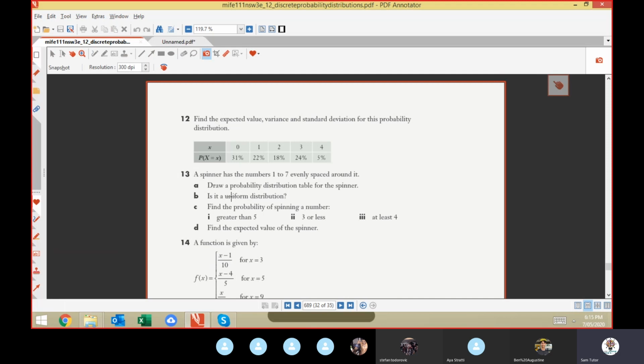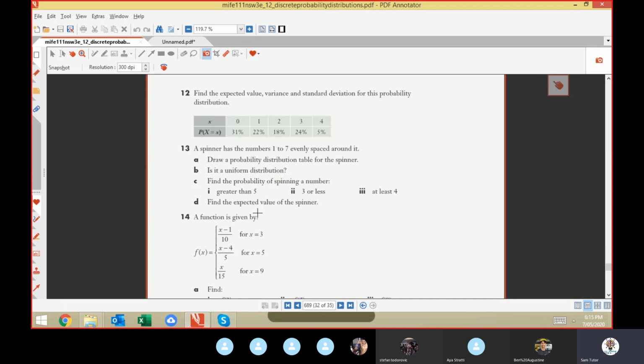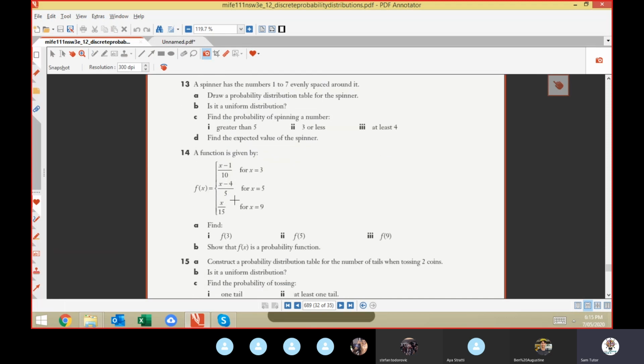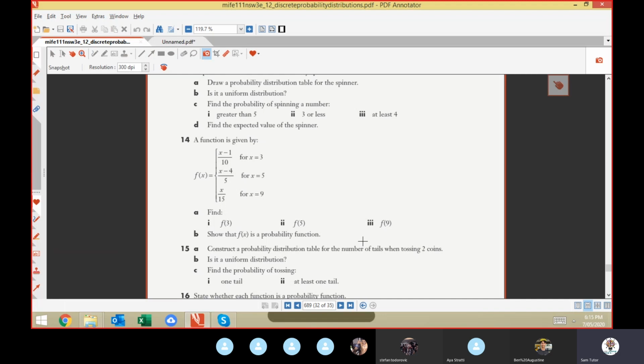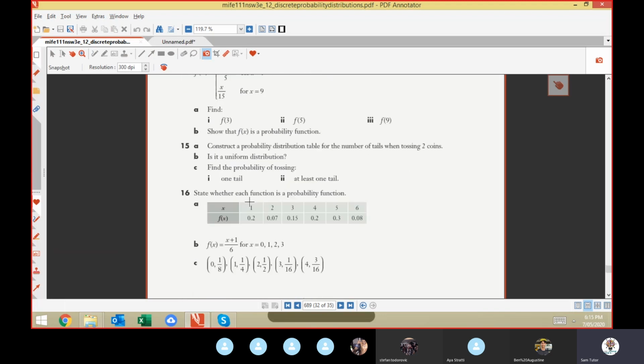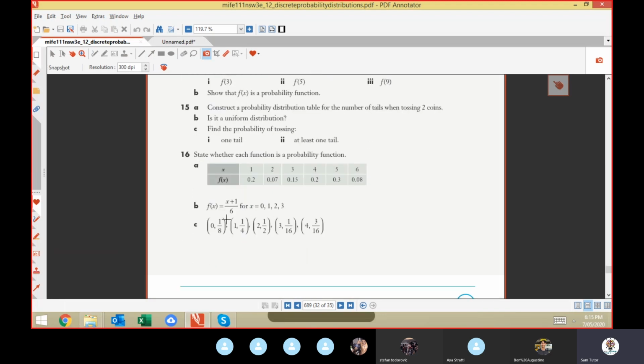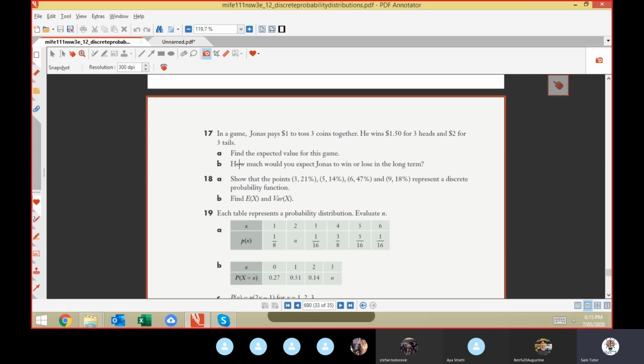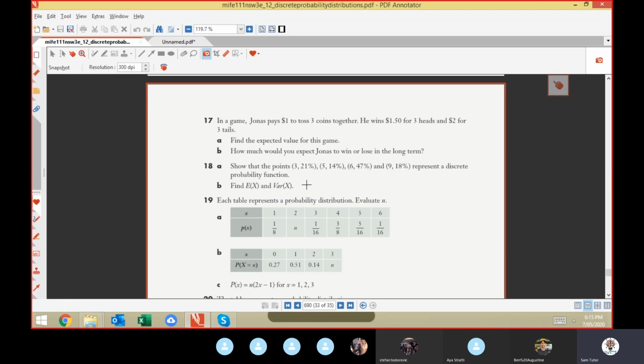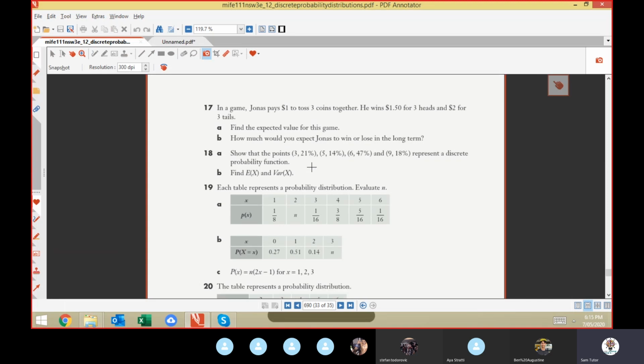A spinner has the number of values and draw probability is assumed the following, find probability. Easy, a function is given by this, find f of 3. Easy, construct a probability distribution, state whether. That should be easy.